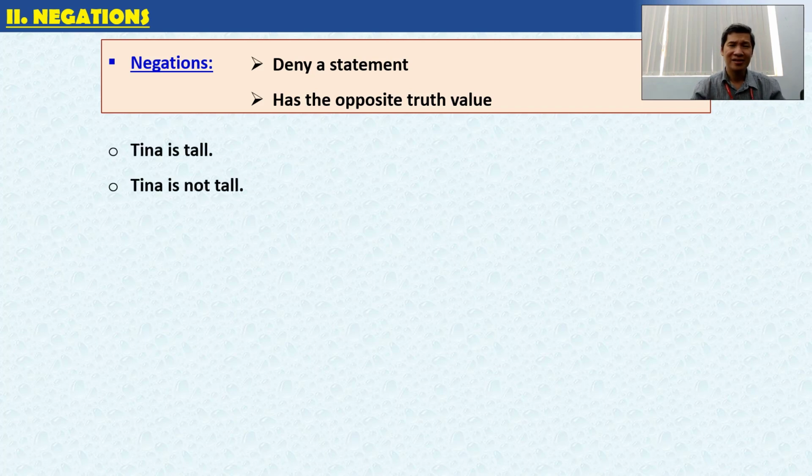Let's have a look at this. Tina is tall. Then the negative form is Tina is not tall, right? If we assign P for Tina is tall, then Tina is not tall is going to be like this, not P.